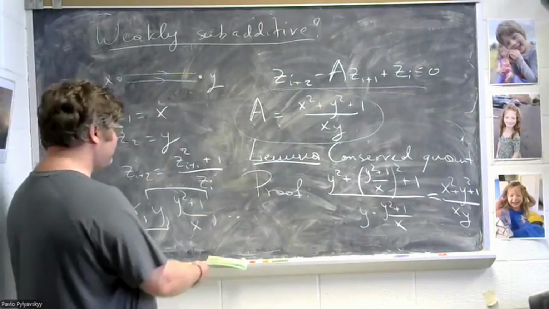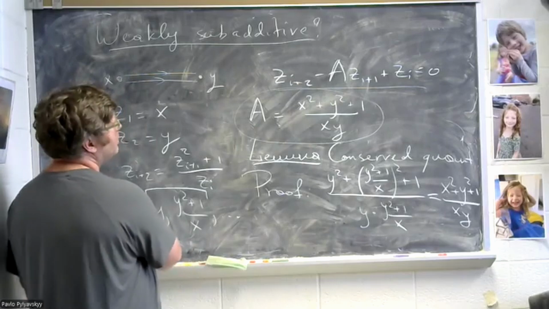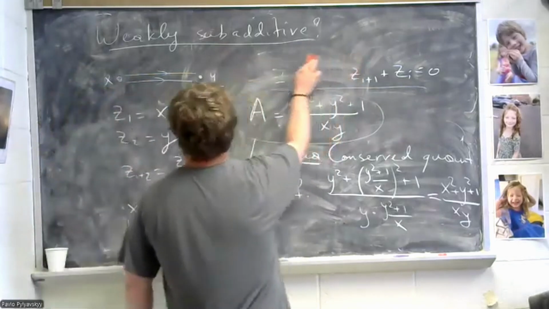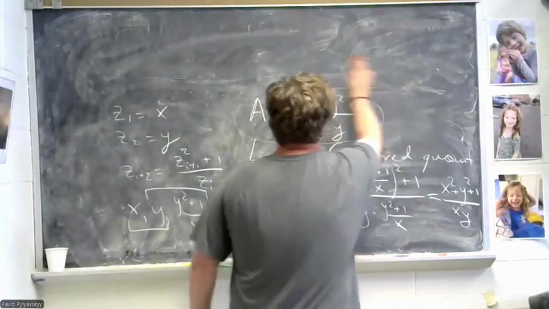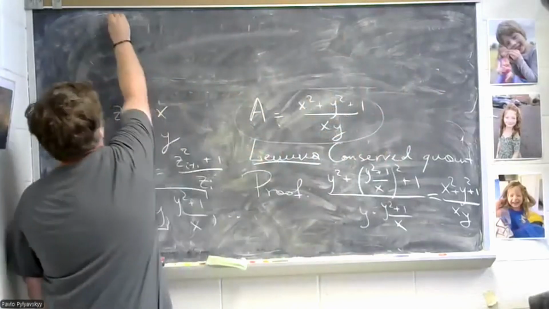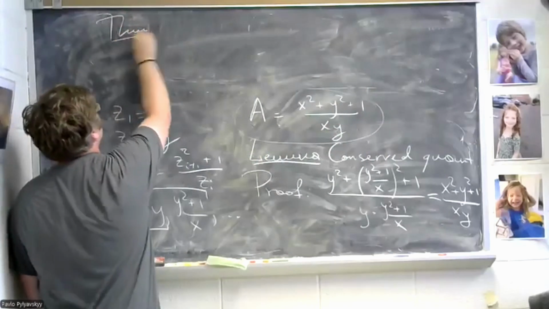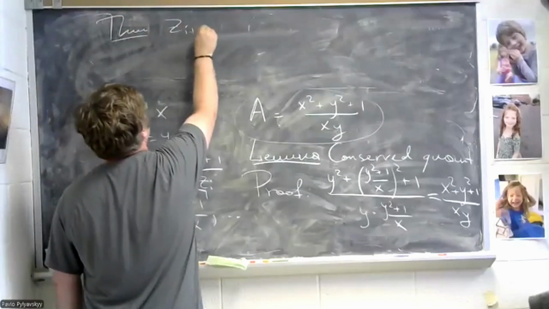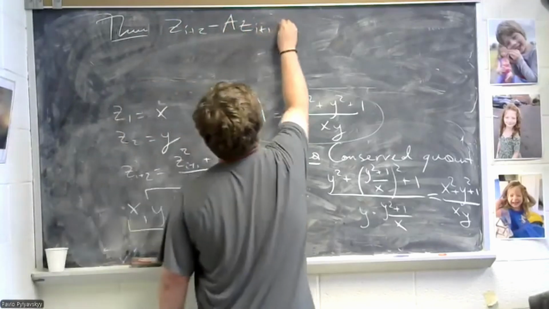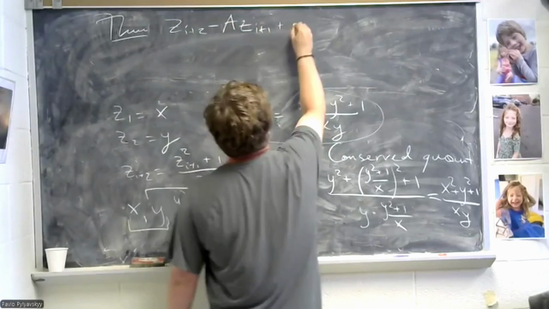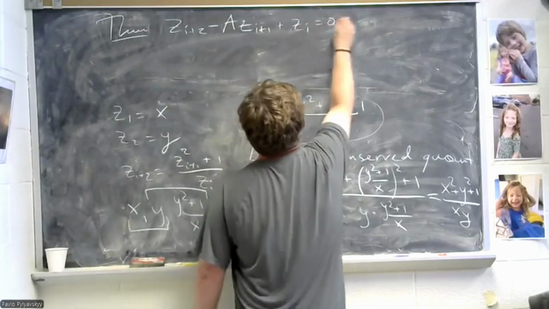So after this, we just need to check that, if I want to prove that, now the theorem is that z_{i+2} minus a z_{i+1} plus z_i equals 0 for any i.